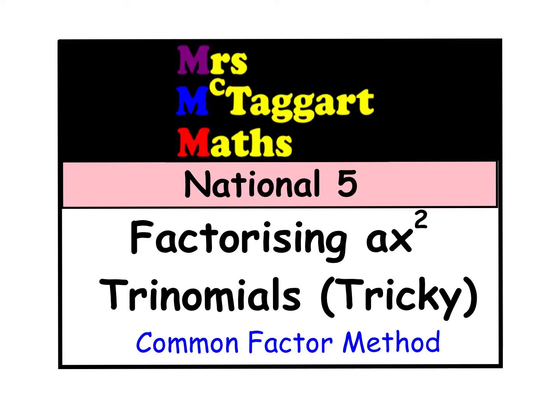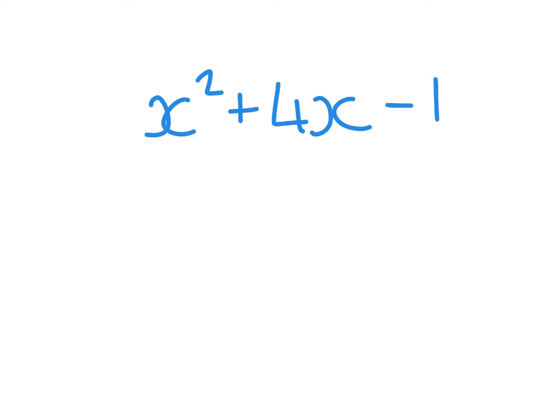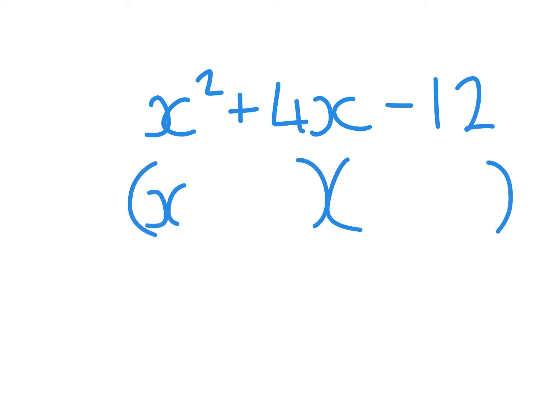Let's just recap. Previous trinomials have been of the form x squared plus 4x, let's make that a minus actually, minus 12. And to factorise that, we would go straight to two brackets and we would write x and x at the beginning. We'd look for numbers that multiply to minus 12 and add to 4, and know it's a combination of 6 and 2.